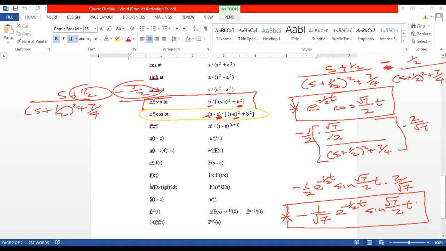All right. So the solution now is this part here, plus this part here. So let me go back to where we were, after all that rough work.